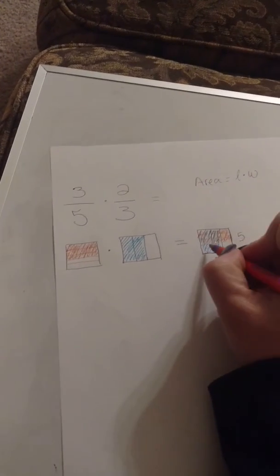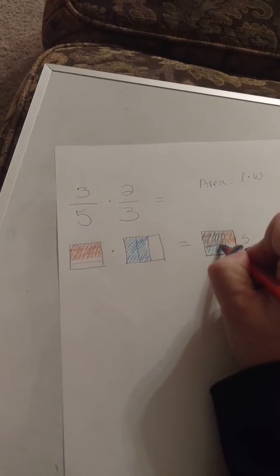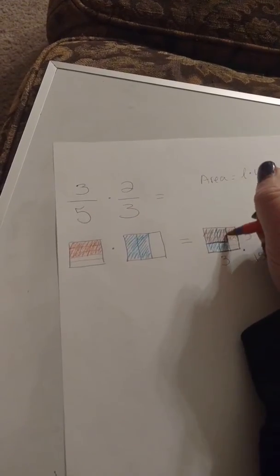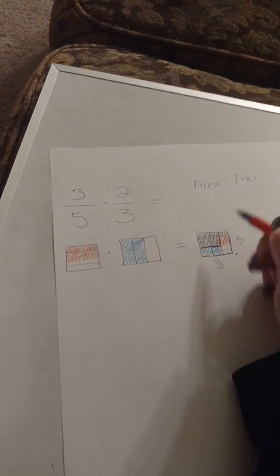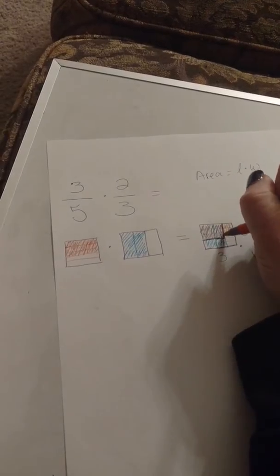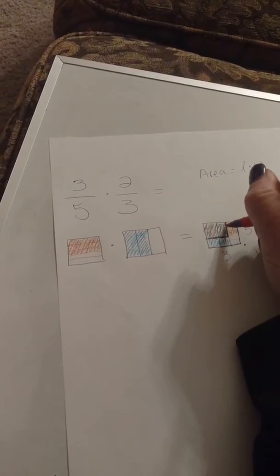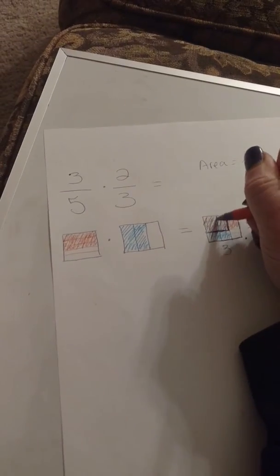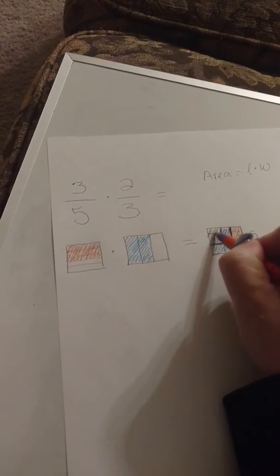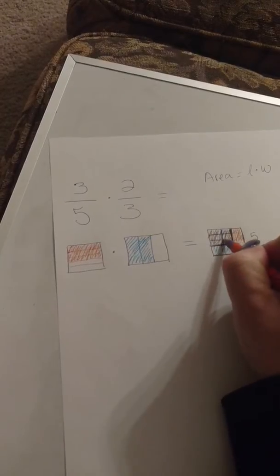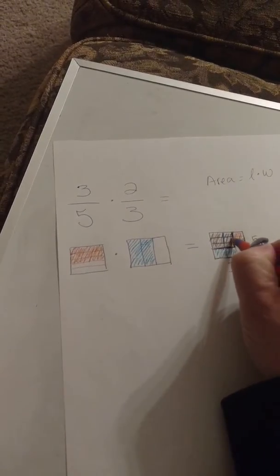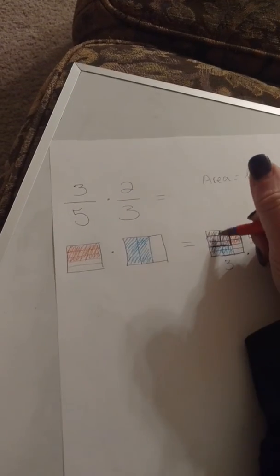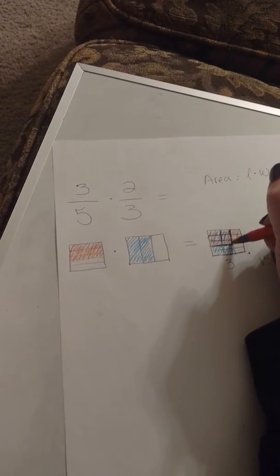Okay, now I have the area, just the parts that overlap. When I combine this and this, this top square right here is going to overlap. It's kind of hard to see the lines after I... there we go.